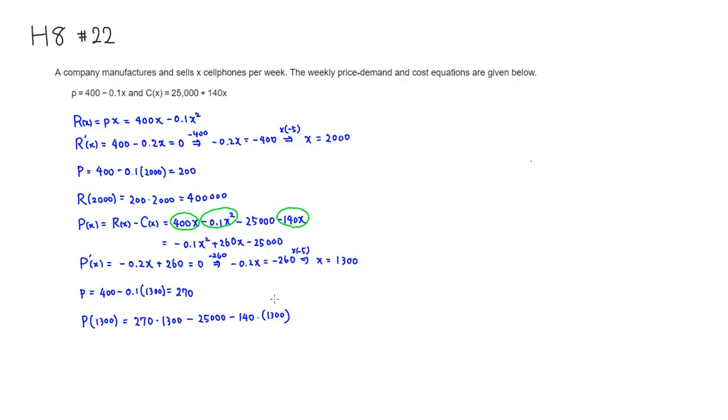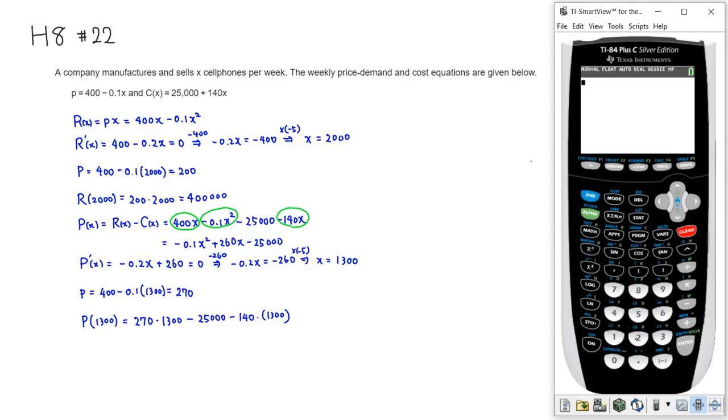I'm going to just use the calculator here: 270 times 1300, minus 25,000, minus 140 times 1300.